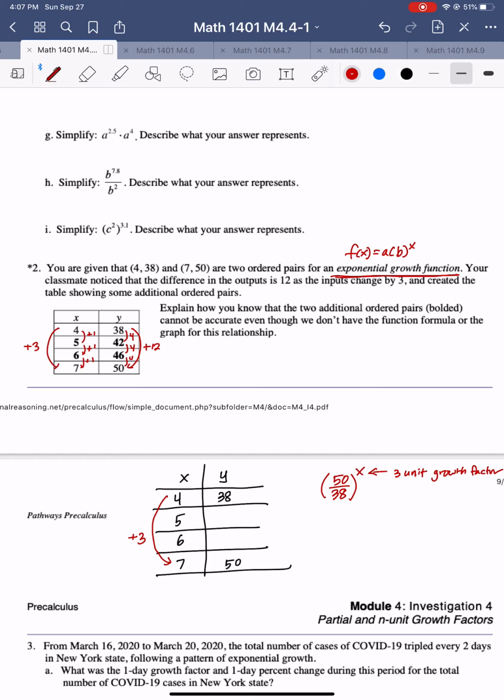So I try to change it to the 1 unit growth factor. In order to get a 1 unit growth factor, I just need to raise it to the 1/3 power. And then this becomes the 1 unit growth factor.